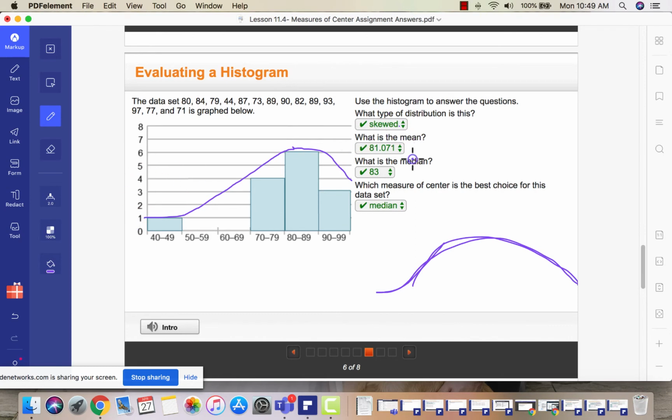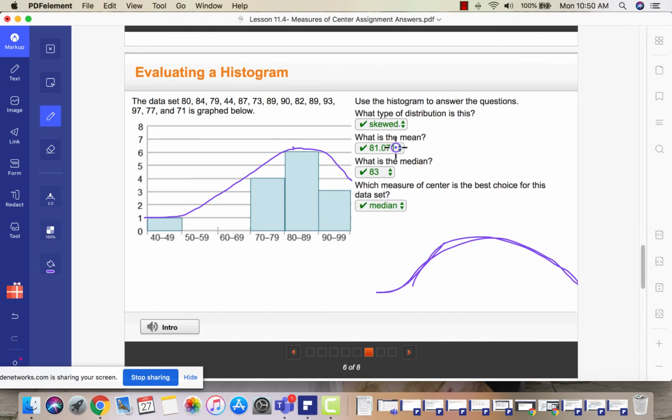Then it wants us to find the mean. We can add up all of our numbers and divide by how many there are, or you could type the data set into our statistics calculator and it will provide the mean for you. Our mean would be 81.071.